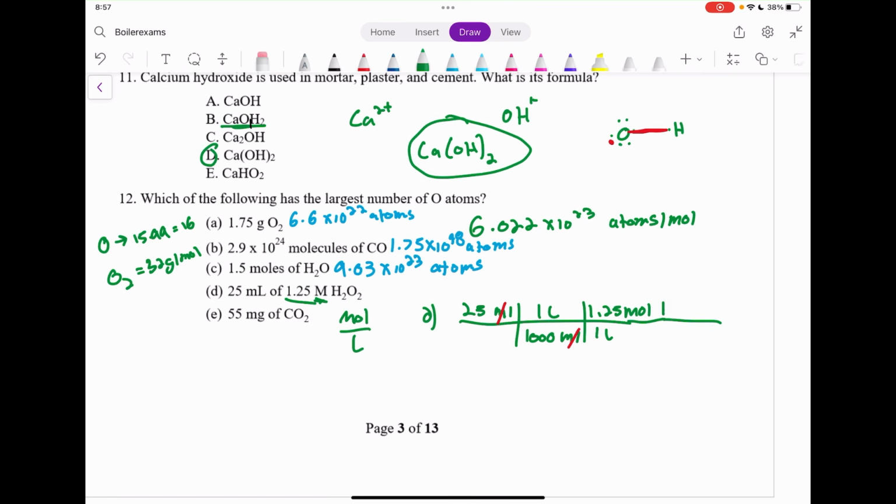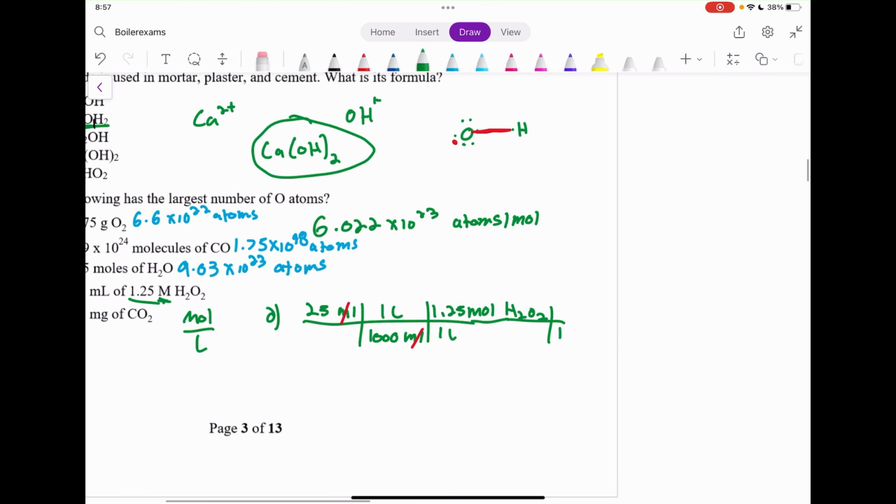And this is H2O2, hydrogen peroxide. In 1 mole of hydrogen peroxide, you have 2 moles worth of oxygen atoms, and in 1 mole of oxygen atoms, you have 6.022 times 10 to the 23rd atoms of oxygen. Multiply the top, divide by the bottom.